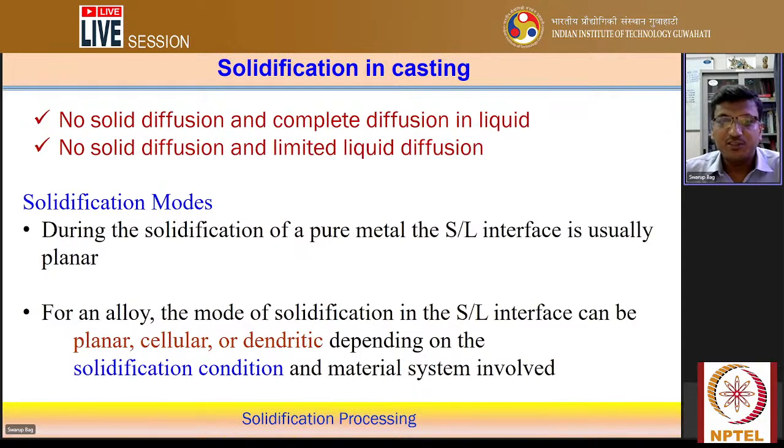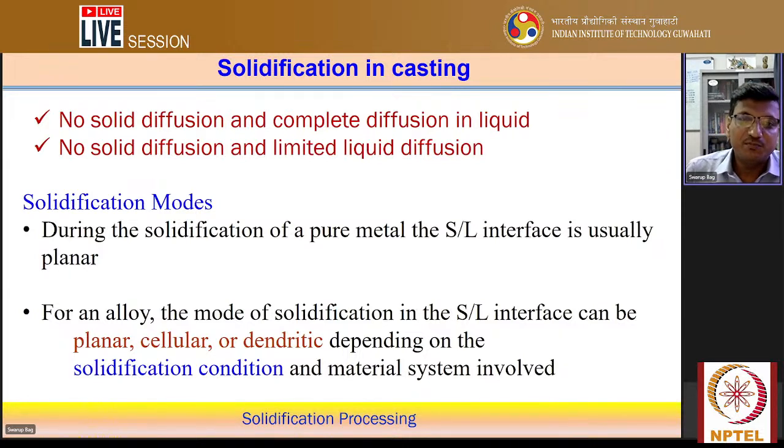It can be maintained under specific conditions for the rate of solidification, the growth rate, as well as the temperature gradient. Both are influencing parameters that decide the stability of the solid liquid interface. So stability decides what kind of interface will be stable at what conditions. That is the main aspect of the solidification of the alloy system.